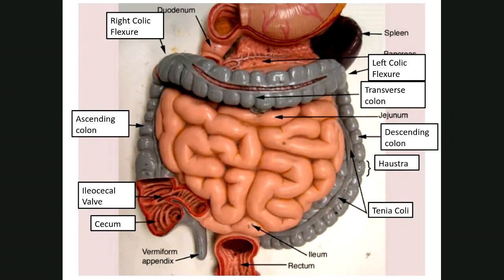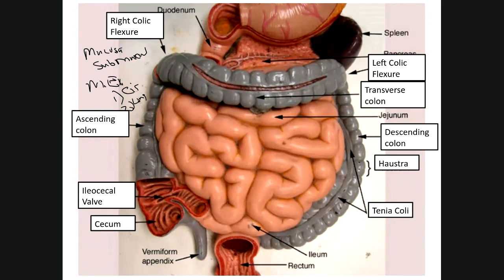We have the mucosa, and we have the submucosa. We have the muscularis externa. Well, remember the muscularis externa has layers to it. We saw in the stomach that there were 3 layers, but everywhere else there's only 2. There's a circular and a longitudinal. Well, that's the same thing that's true here.